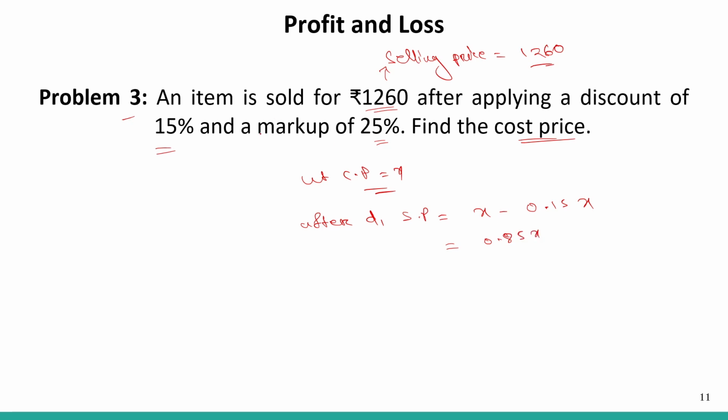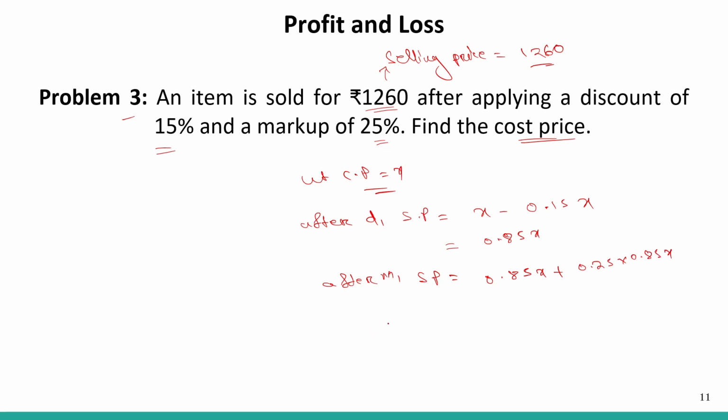So then what happens is we got a markup of 25%. So in this price, we get a markup. So after M1, that is markup 1, SP, that is the selling price, will be 0.85 X plus 0.25 into 0.85 X, right?